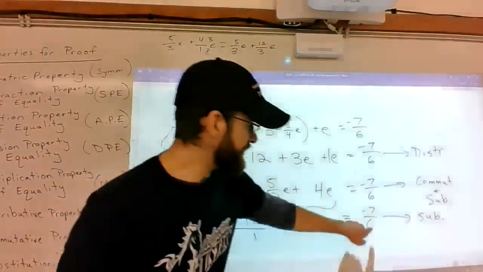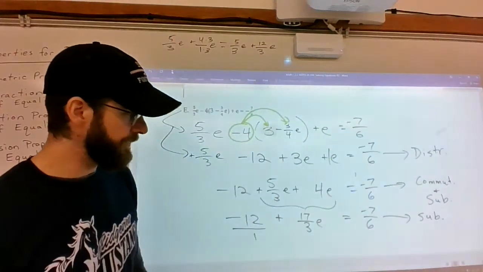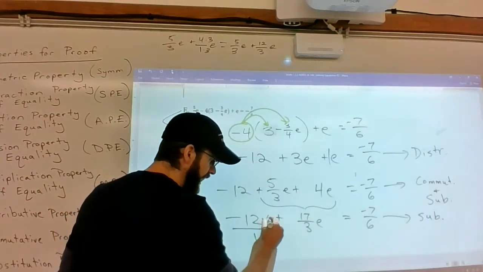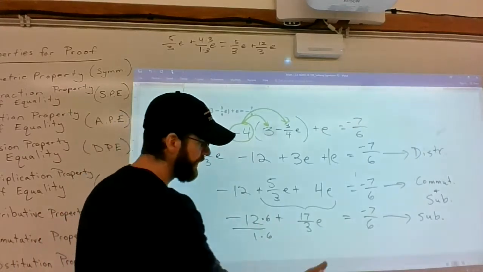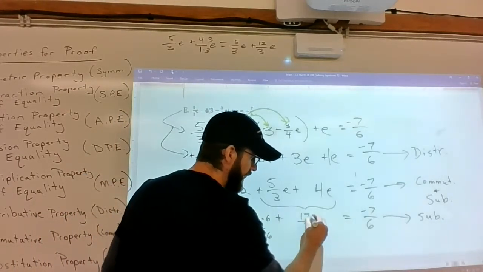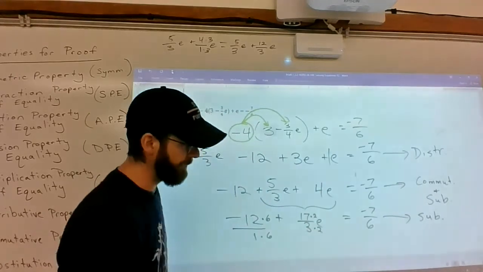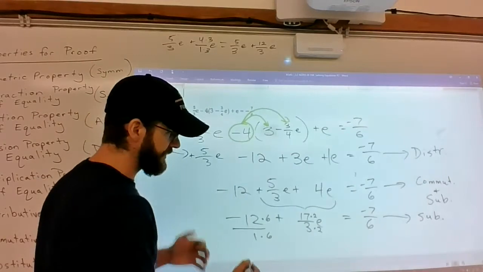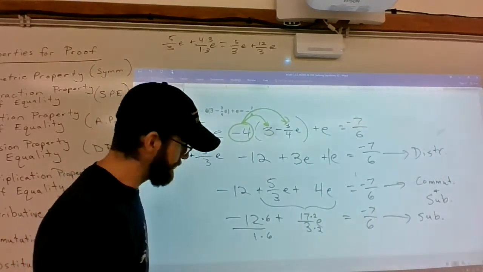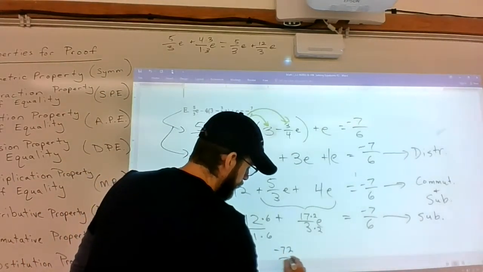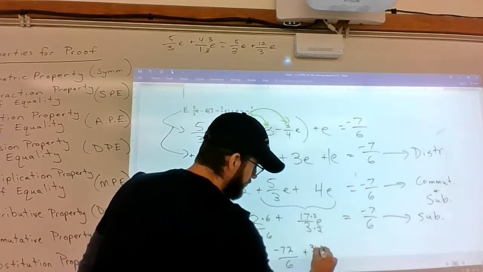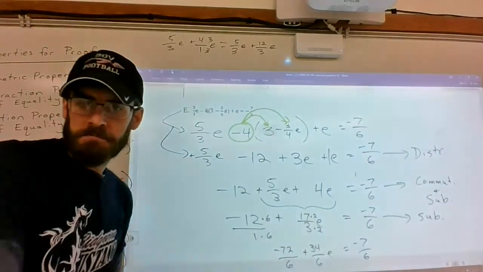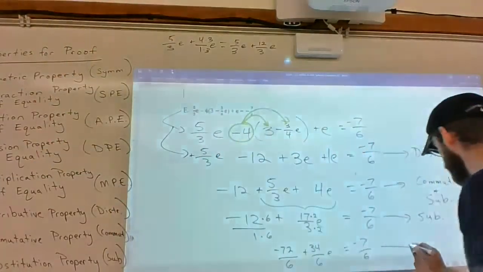So, between 6, 3, and 1, if I multiply by 6 on the bottom and top here, I get a 6 on the bottom. Multiply by 2 on the bottom and top here, I get a 6 on the bottom, and I already have a 6. So you have a common denominator of 6. Now, you don't have to document that step with the proof property. But you could just say common denominators off to the side.